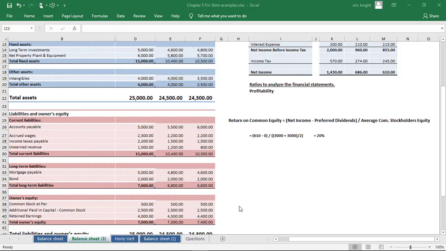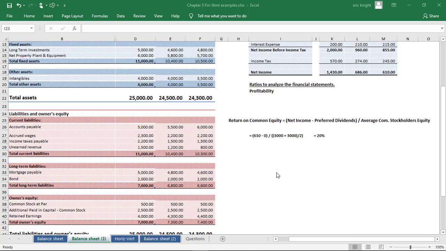Since the stockholders' equity hadn't changed much for the entire year, the common equity was 3,000 in both years. So the average was 3,000. The income was 610, and there were no preferred dividends. So we had a 20% return.